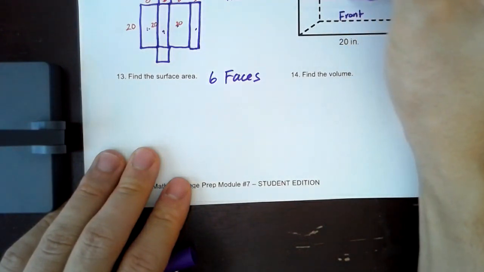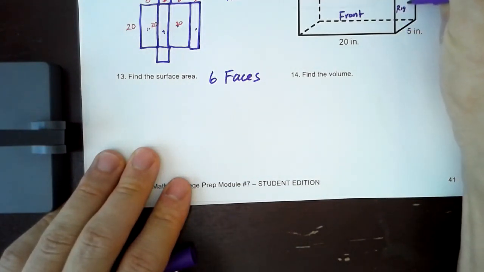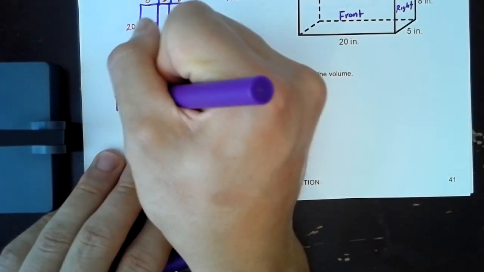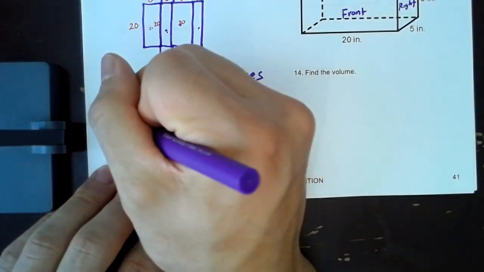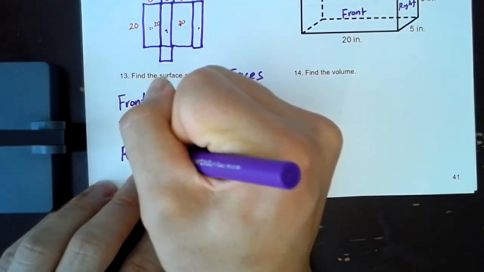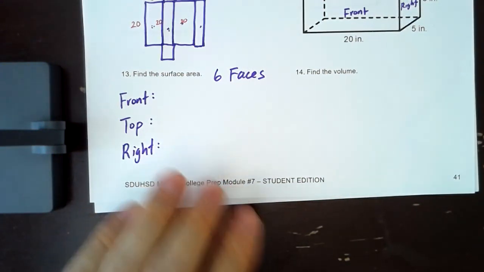This face right here, I'm going to call the top face. And this face on the side, I'm going to label the right face. I'm only going to talk about the 3 faces that we could see because I don't want to confuse myself by over calculating and assuming that things are there.